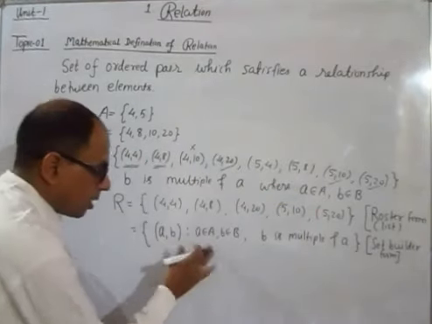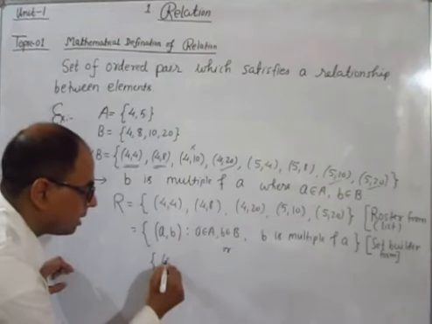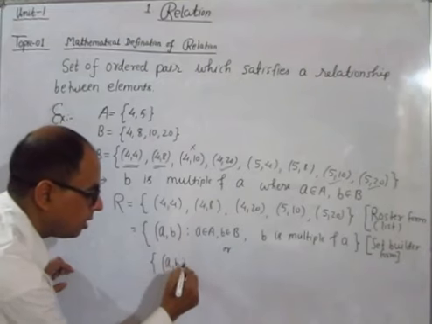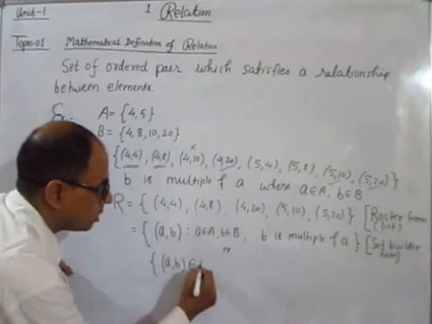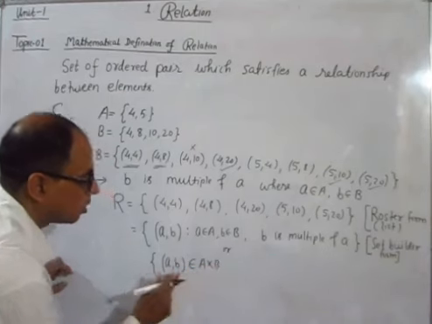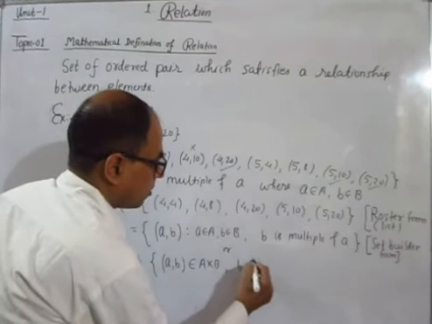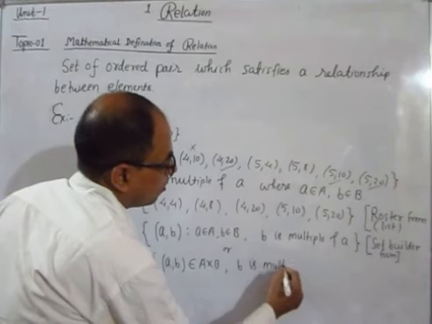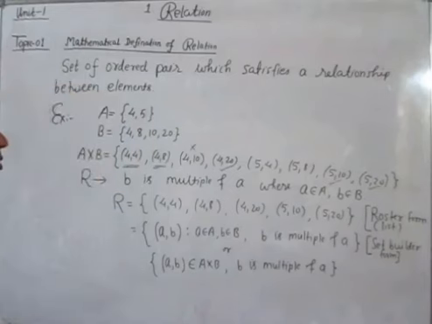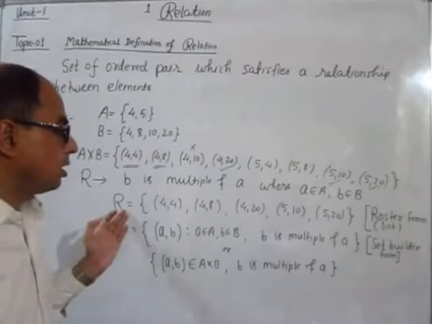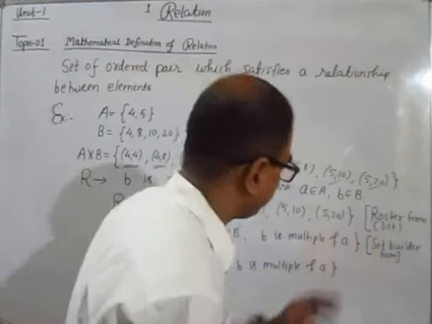Now this set builder form can also be represented in this way: element A is related with element B such that, or this ordered pair belongs to set A cross B, and B is a multiple of A. So we have represented relation in roster form here, and here we have represented the same relation in set builder form.